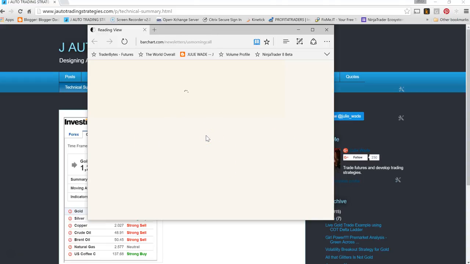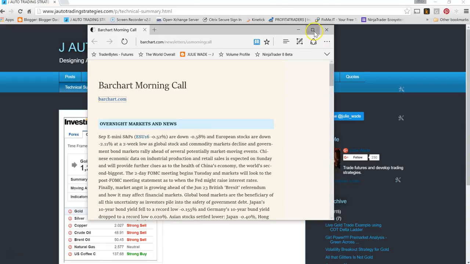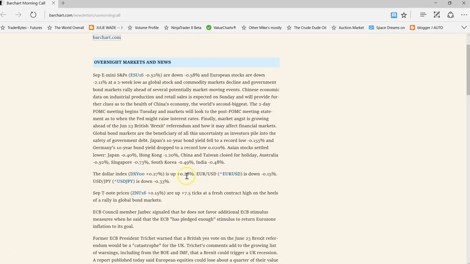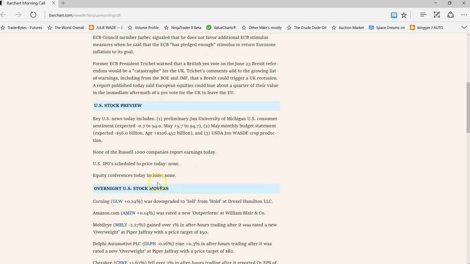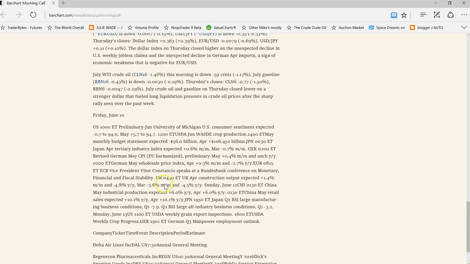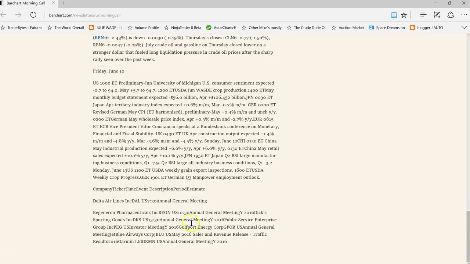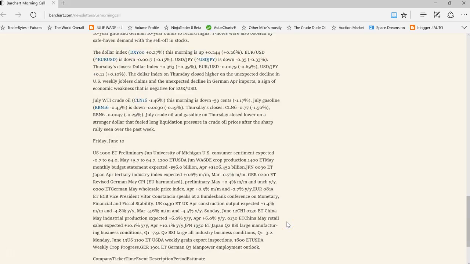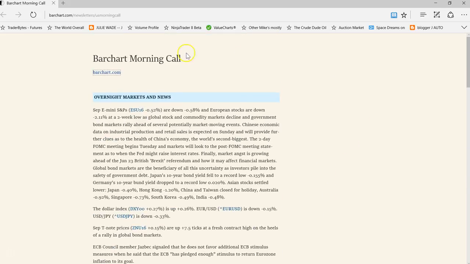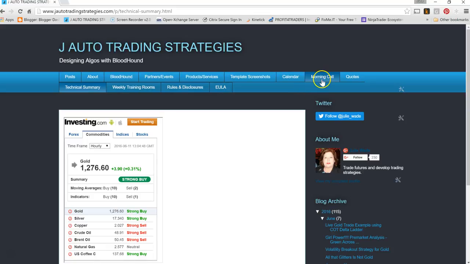It takes a minute to populate, and of course this will be Friday's from Thursday overnight, and it gives you a synopsis of what has happened in the markets overnight, where the indexes are, the dollar, commentary, and what to look forward to as far as earnings or anything on the calendar, news events, Federal Reserve speakers, stuff like that. So that's on the website also. That's the morning call.